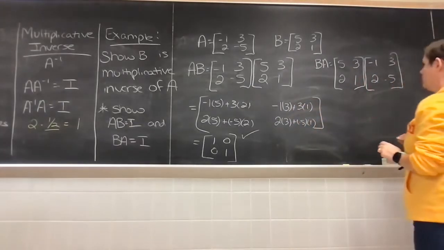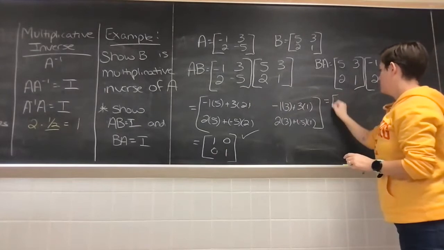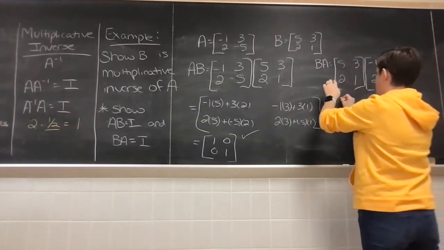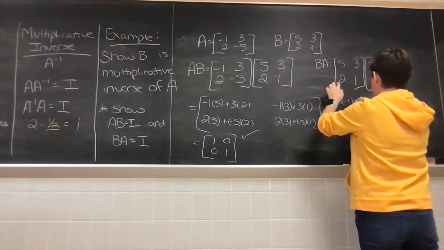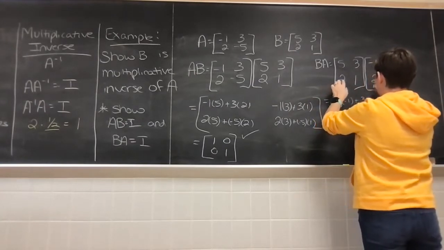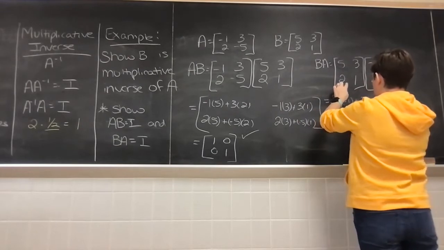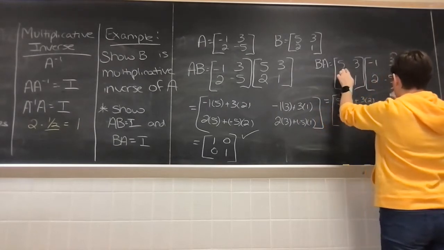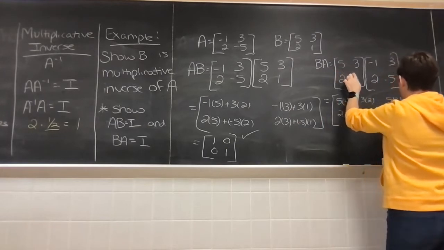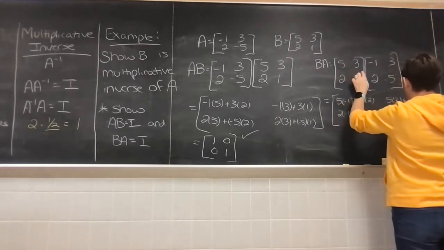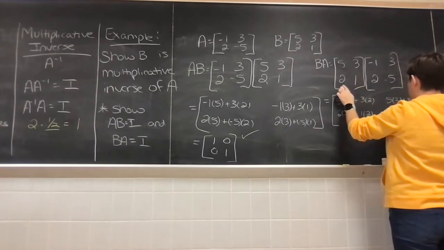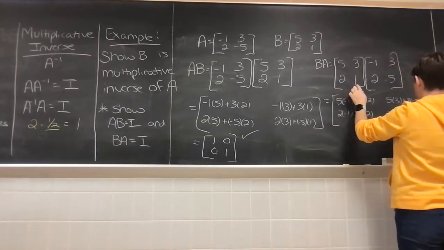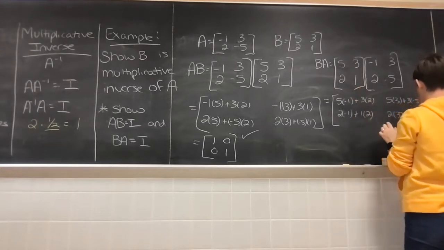Okay. Same process. Row by column. 5 times -1 plus 3 times 2. 2 times -1 plus 1 times 2. 5 times 3 plus 3 times -5. 2 times 3 plus 1 times -5.